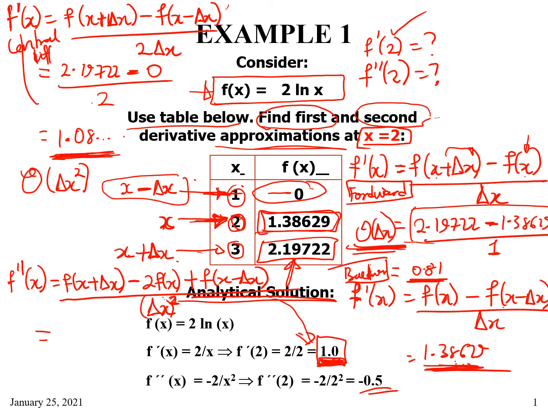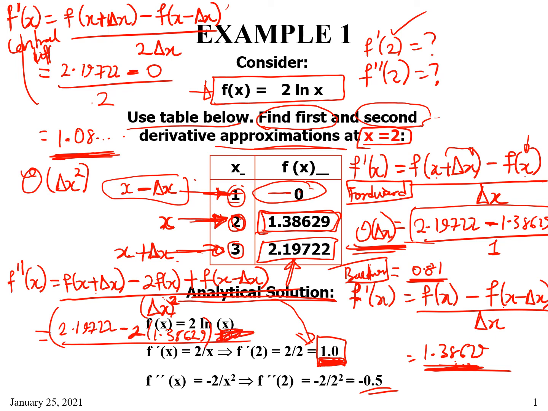So what's f at x plus delta x? 2.19722 minus 2 times what's f at x? 1.38629 plus f at x minus delta x, which is 0. All of that is basically this, right?